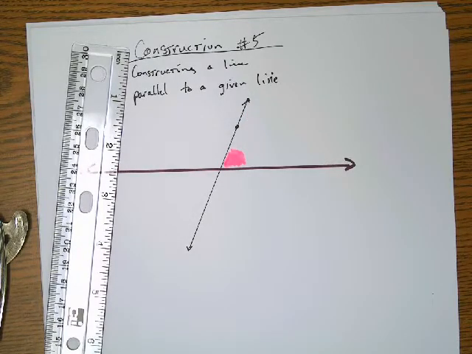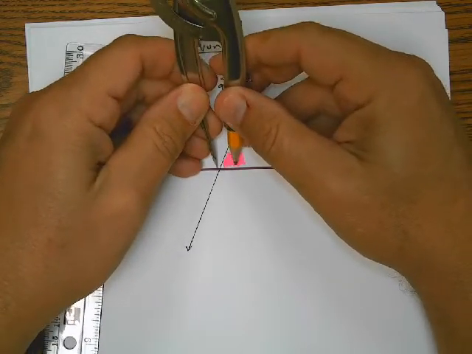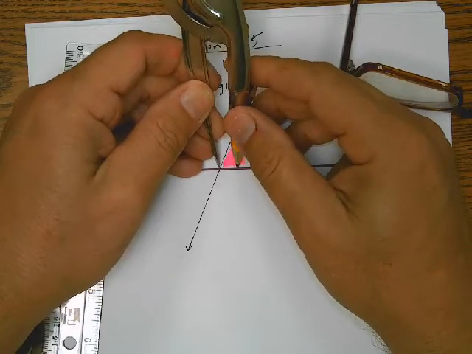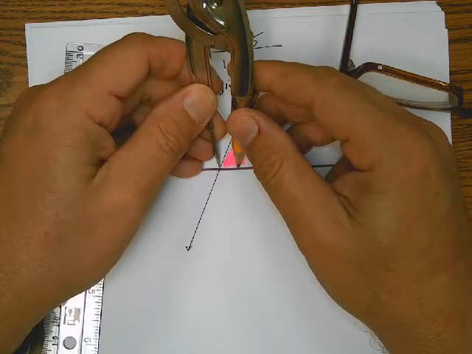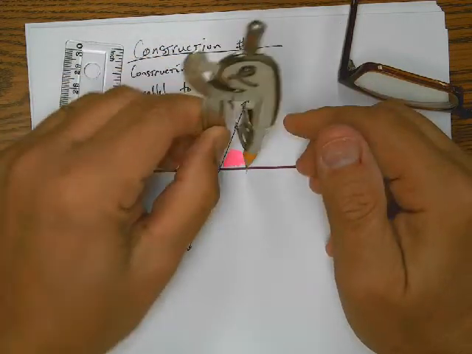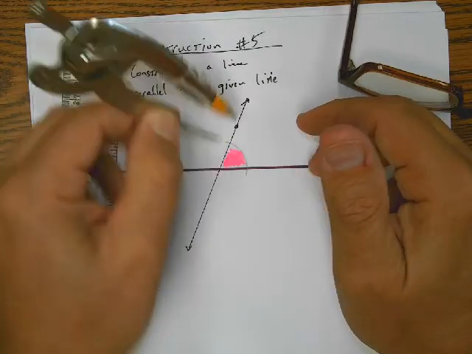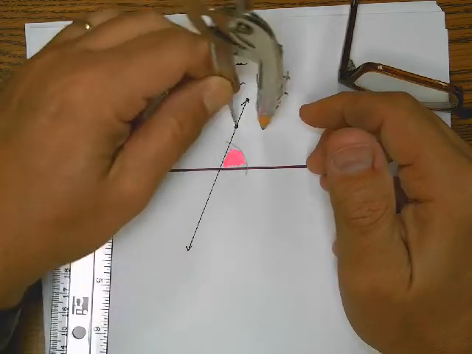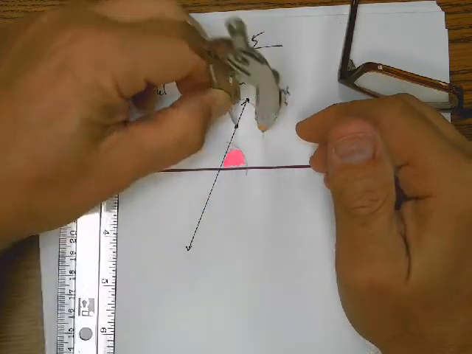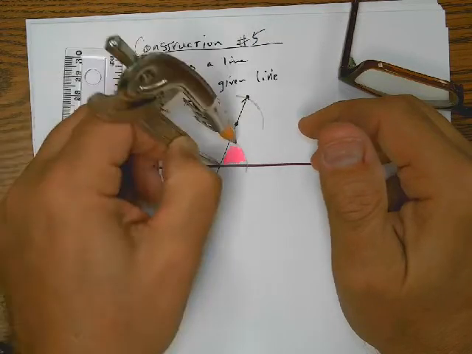All right, so let me refresh your memory how to do that. We're going to use my compass, go to the vertex, take my glasses off because I can't see. Close up. I'm going to make an arc right here that intersects both rays. I'm going to make the same arc over here. Don't let the compass move on me. Make sure that it didn't. Yep, I'm good.